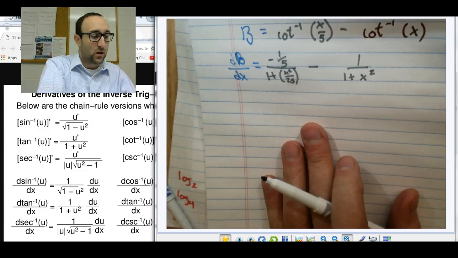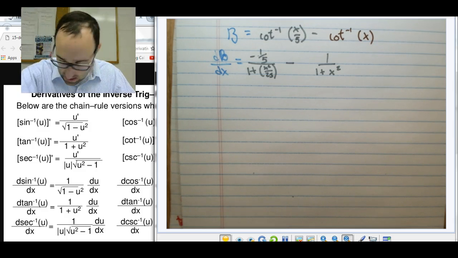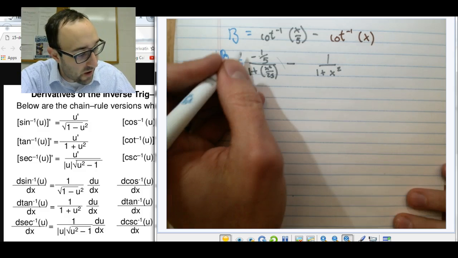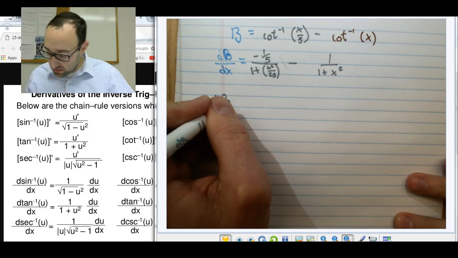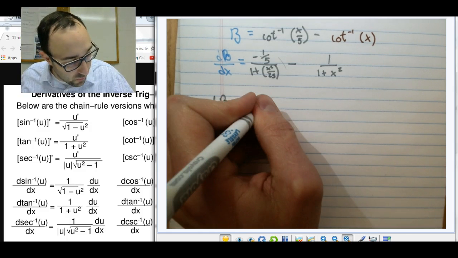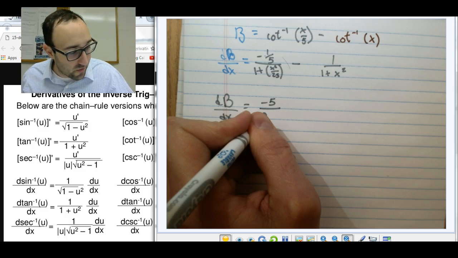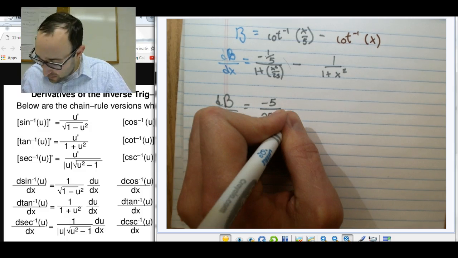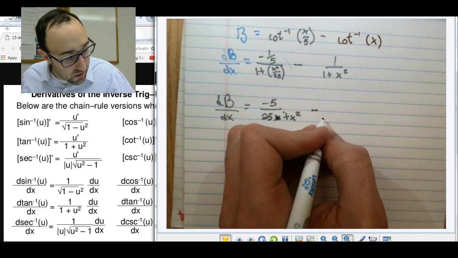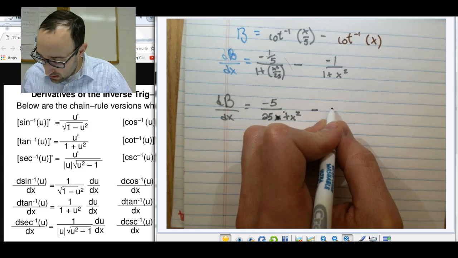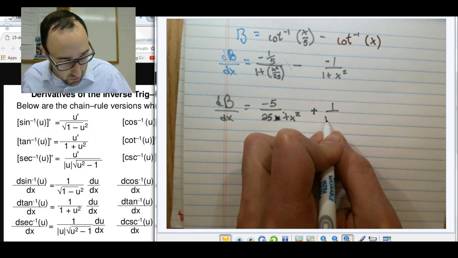So now we have that. Can we get common denominators, things like that? Well, of course we can. We can rewrite this by multiplying everything here by 5, and we get d beta over dx equals negative 5 over 25 plus x squared, minus, or let's make it positive, 1 over 1 plus x squared.